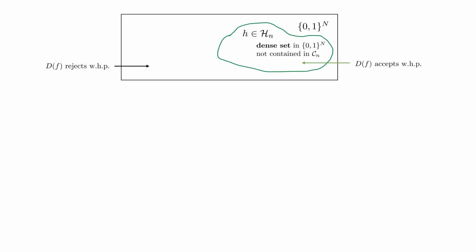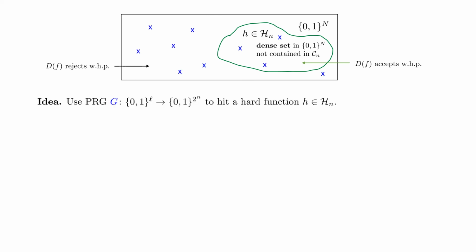Using the quantum natural property, we have an efficient quantum algorithm that is able to accept a dense set of functions that does not overlap with C. What we would like to do now is to find some function in this dense set, since this function is not in C. The way we achieve this is by using a pseudorandom generator.